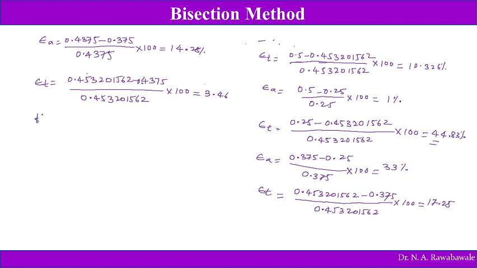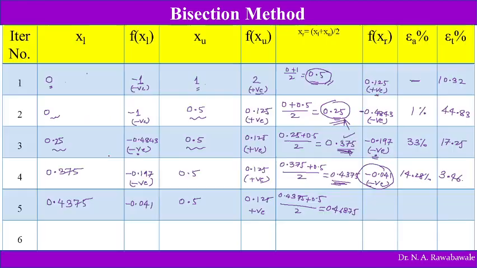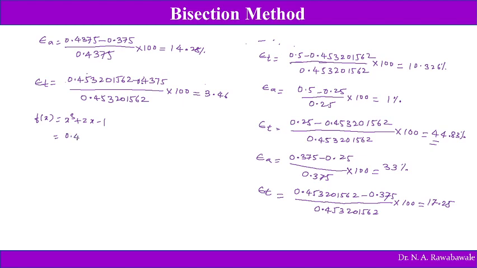If we substitute in the function, f of x is equal to x to the power of 3 plus 2x minus 1. So this is 0.46875 to the power of 3 plus 2 into 0.46875 minus 1.